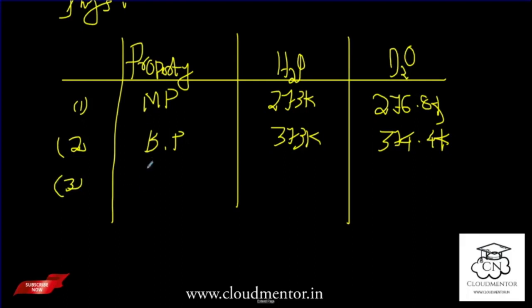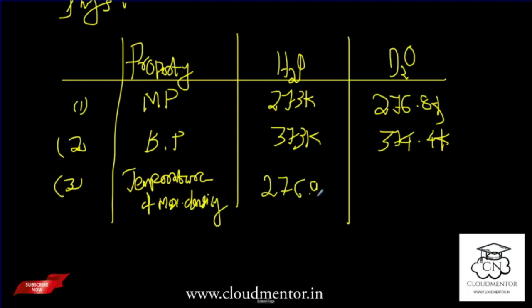The next property is the temperature of maximum density, that is 276.98 Kelvin. Water has the maximum density at 4 degrees Celsius, that is 276.98, which means 277 Kelvin.